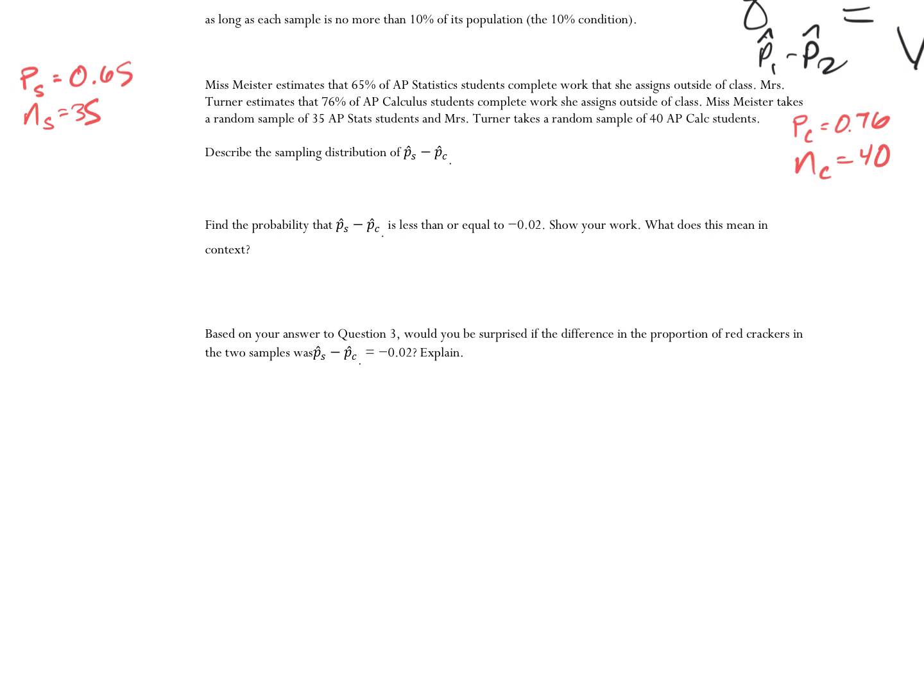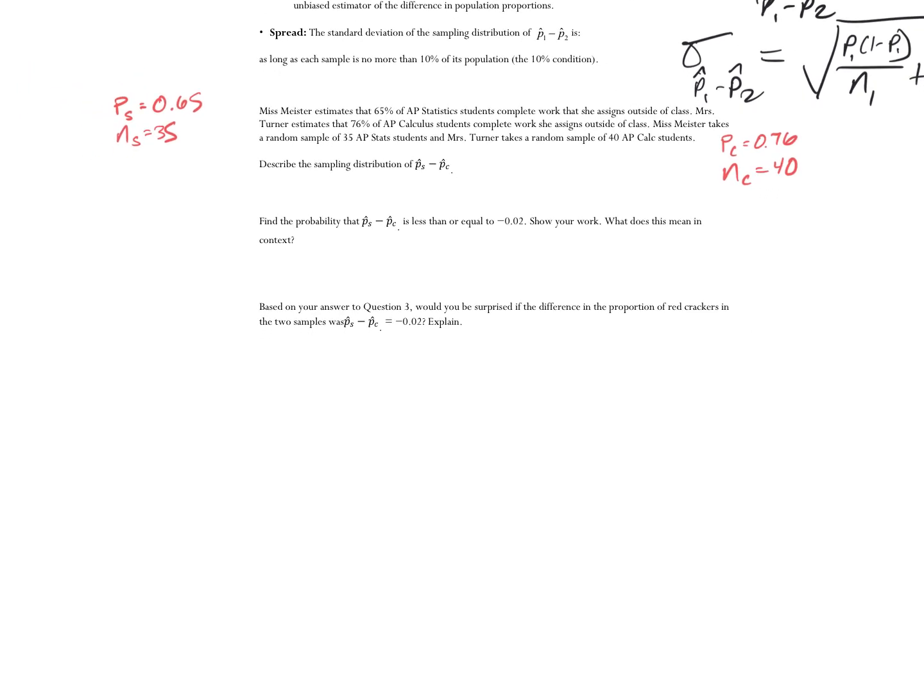All right. So if I do for this group, guys, that np and n(1 minus p) for the statistics group, is that approximately normal? What should we do? 35 times 0.65, 35 times 0.35, and just tell me what you guys get.